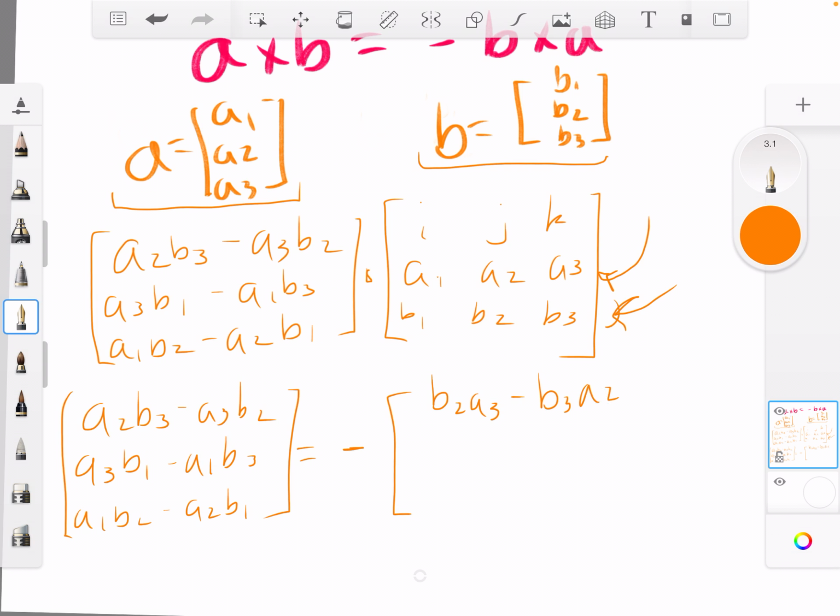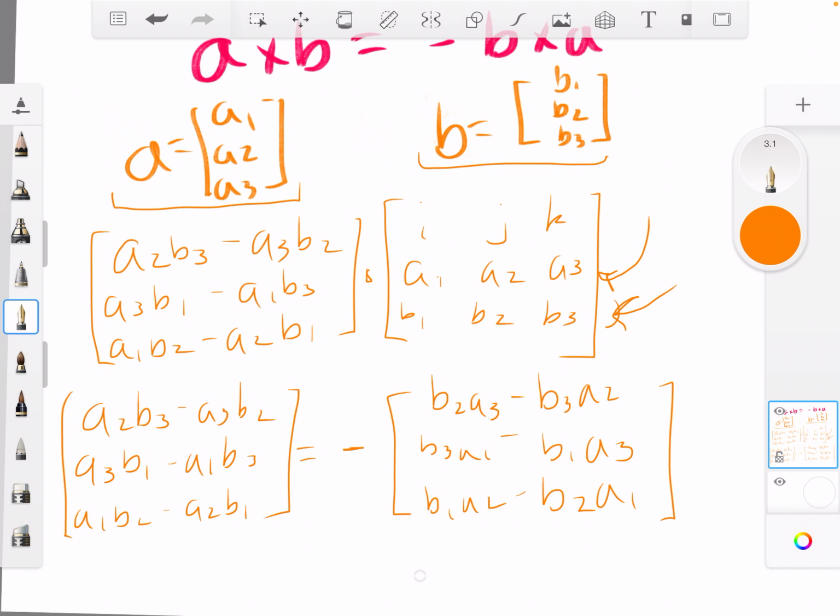A3, B1 is B3, A1. And then A1, B3 is B1, A3. Finally, A1, B2 is B1, A2. And then A2, B1 corresponds to B2, A1.